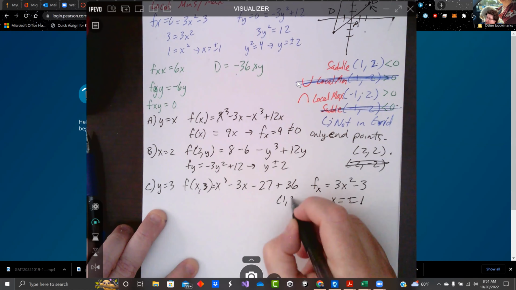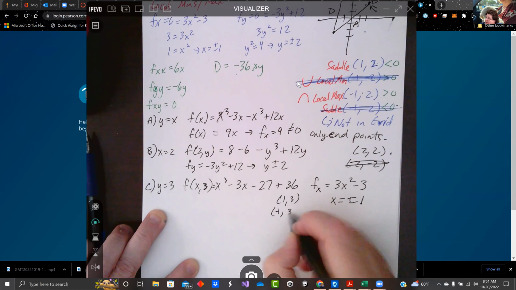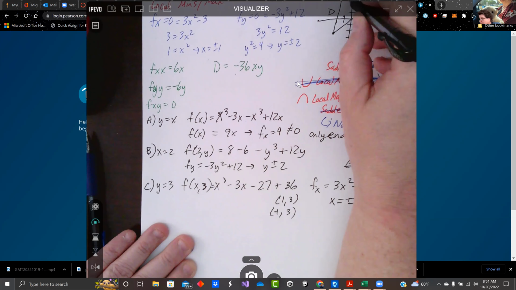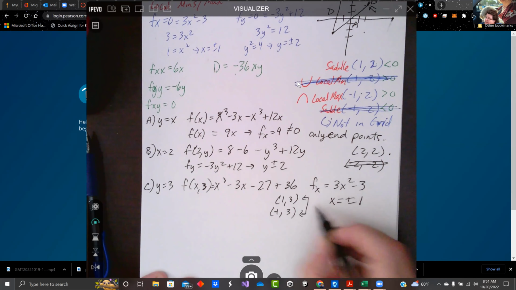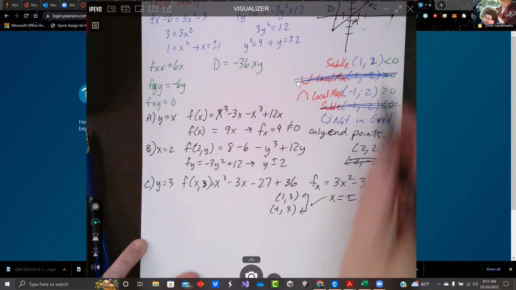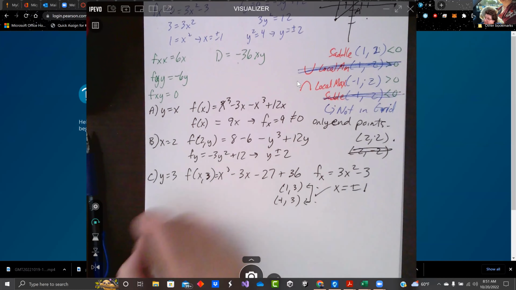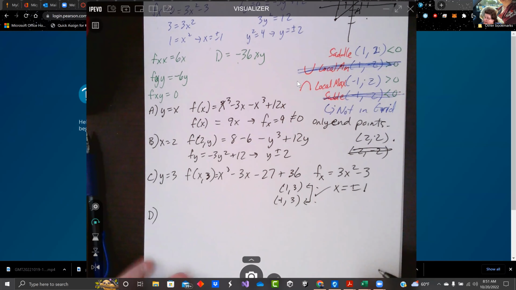So (1, 3) or (-1, 3). (1, 3) is on the line. (-1, 3) is on the line. Those are both valid points. So right now we have 1, 2, 3, 4, 5 to check, plus the corners if they're not already listed.